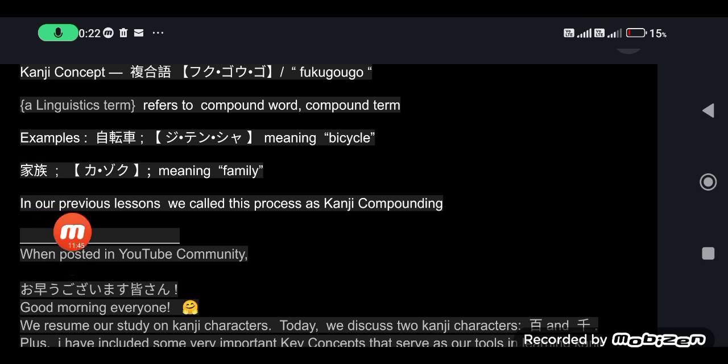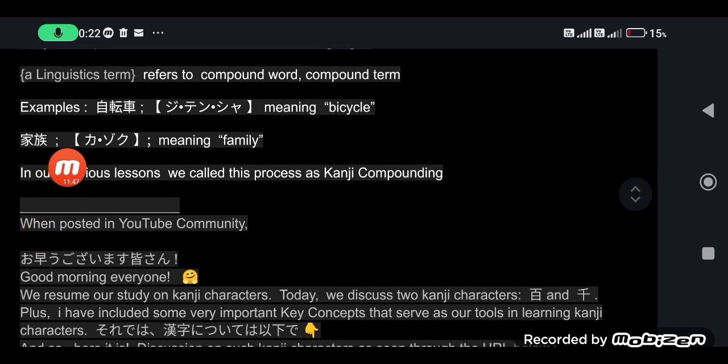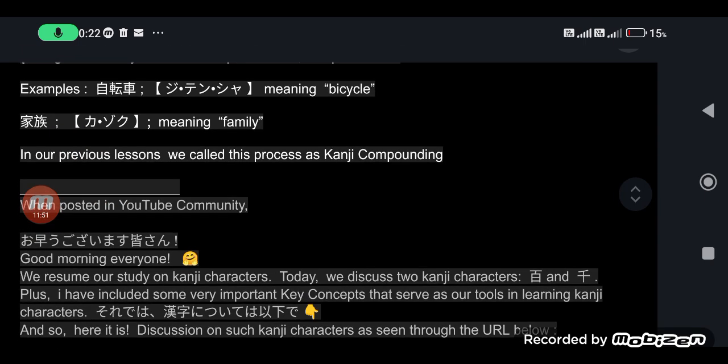And we have here kazoku, family. The first kanji in kazoku is ka, second is zoku, meaning family. In our previous lessons before lesson 0019, we call this kanji compounding.